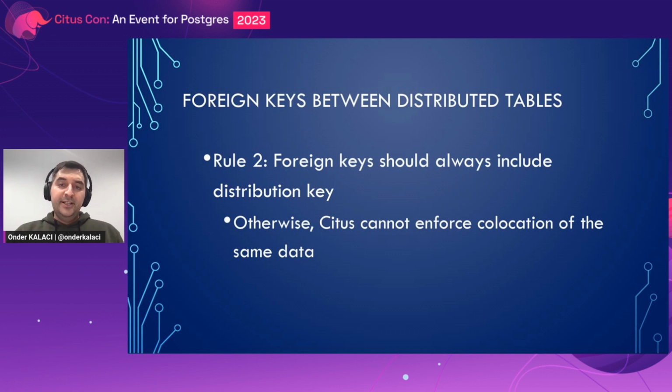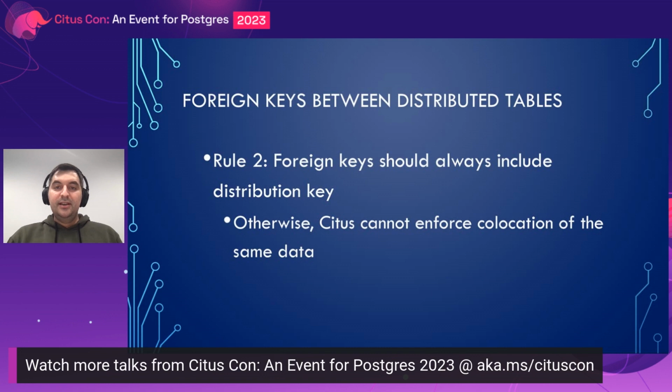And then very similar and related to the previous one is that foreign keys should always include the distribution column if you are creating a foreign key between two distributed tables. And this is necessary because the same shard ranges for the collocated distributed tables will reside on a single data node.